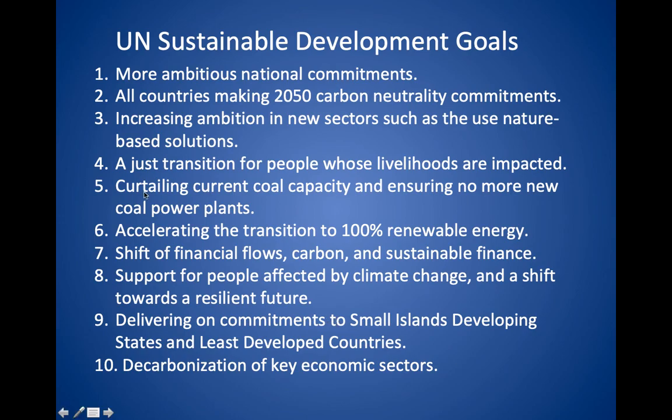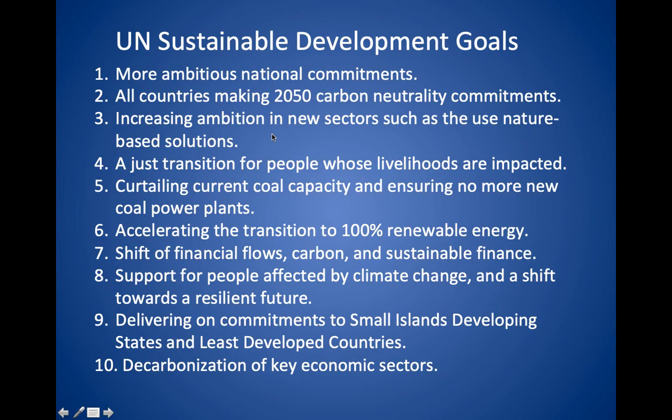Here's a list of 10 goals that the United Nations has set out for sustainable development. These include, first of all, political ambitions, like getting nations to commit to more ambitious goals. They want countries to commit to being carbon neutral by 2050, so stop increasing the amount of carbon dioxide in the atmosphere.